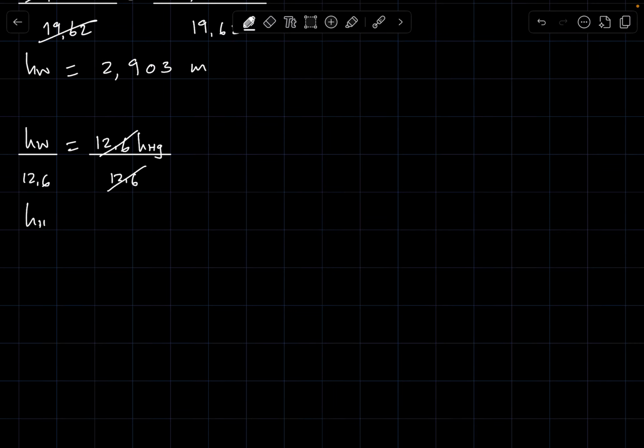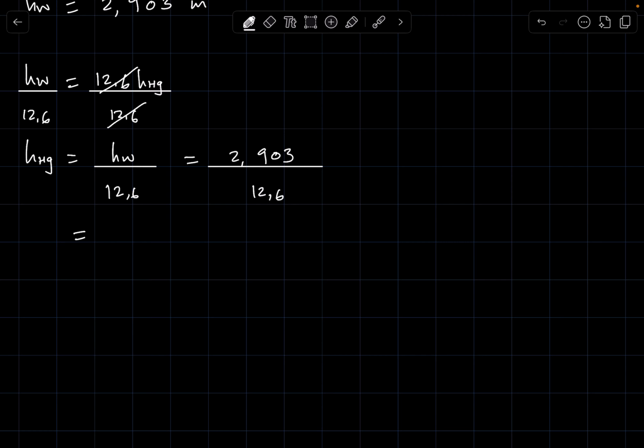HHG will be equal to the H of water divided by 12.6, and when you substitute, you have 2.903 divided by 12.6. If you punch that in your calculators, you should get 0.230 meters. Or if you want to express this in millimeters, this would be 230 millimeters, and this here will be your HHG.